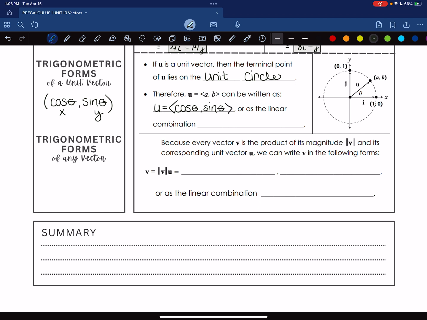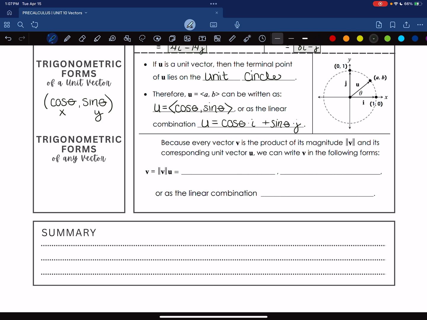And if we were to instead write that as a linear combination, it would be that vector u is written as cosine theta times i, and add to that sine theta times j.